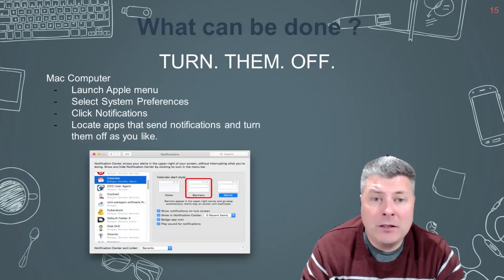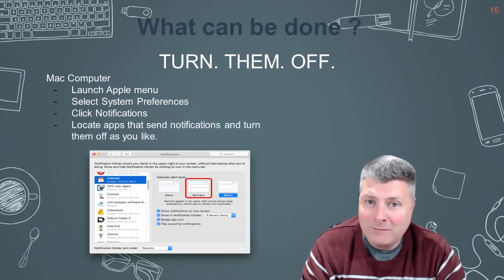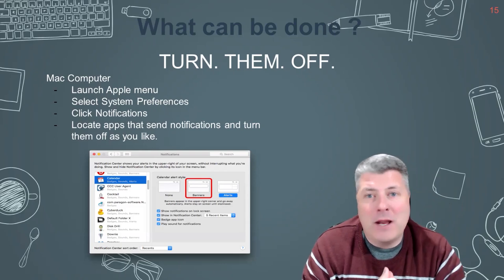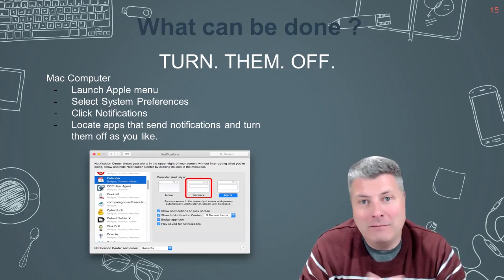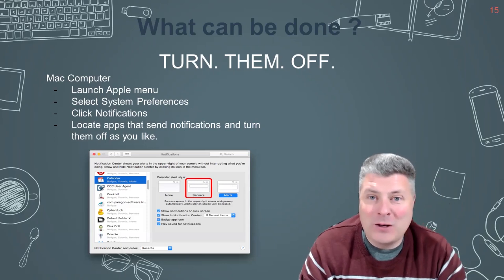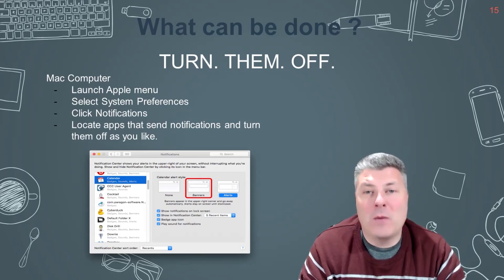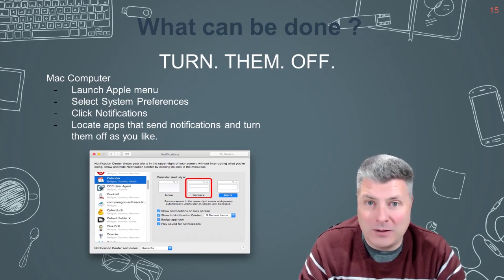So, as I mentioned earlier, notifications may have started with our cell phones, but now every device that's hooked up to the internet is exposed to notifications. So our computers, they get notifications as well. We want to turn them off on our computers.